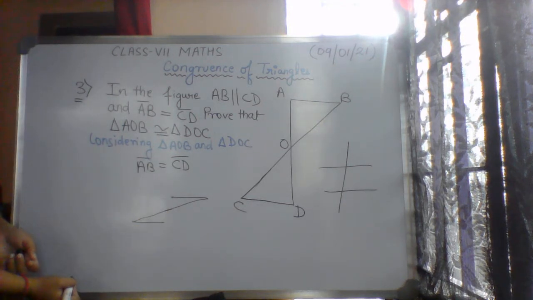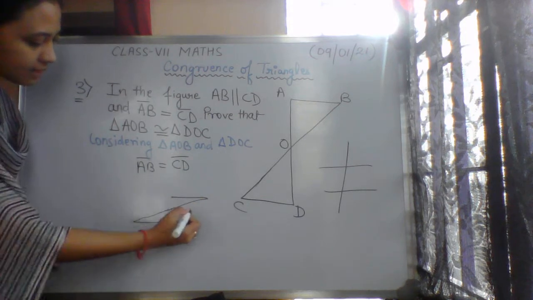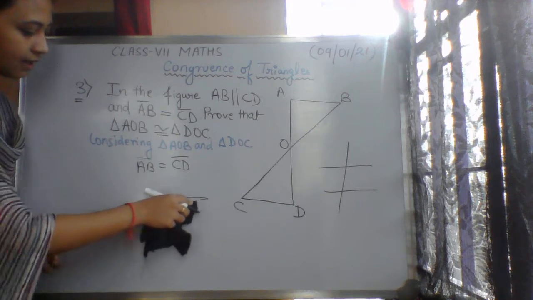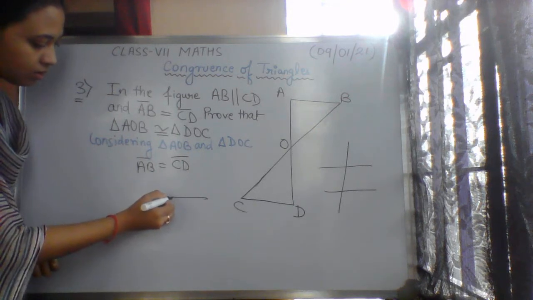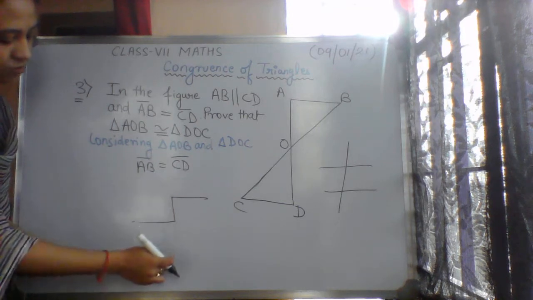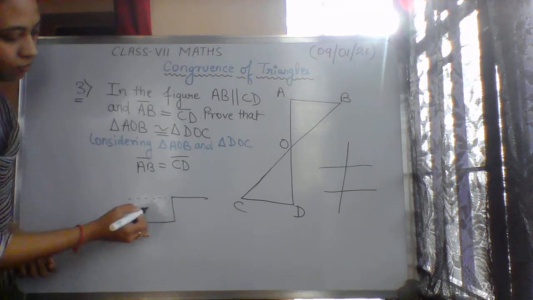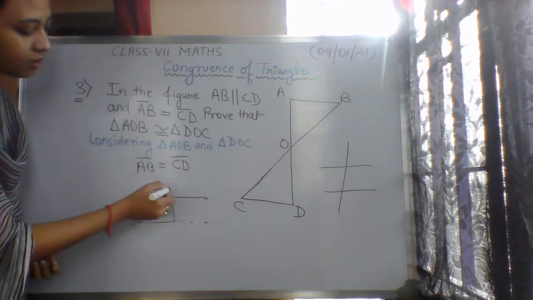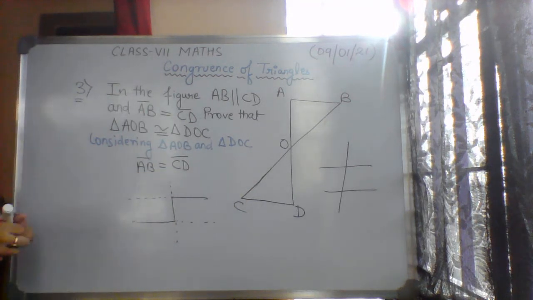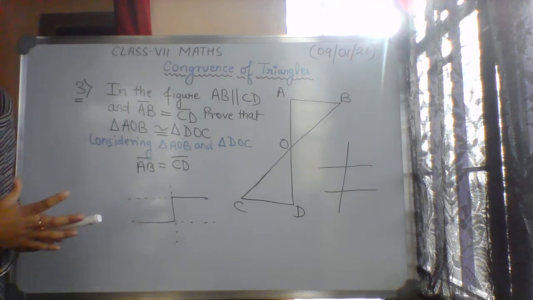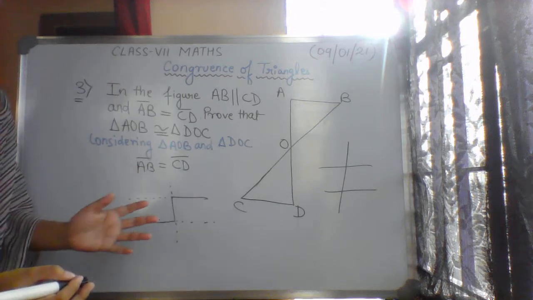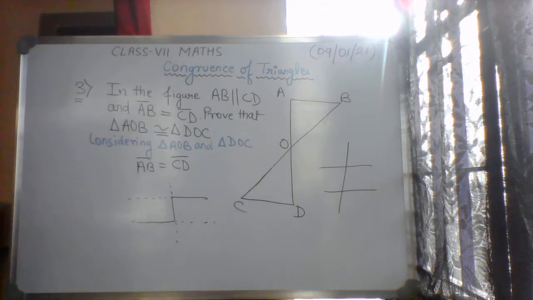These two are parallel lines, this is a transversal. Again, it can look like this also. You can extend that, and it will look like that figure. So you have to just visualize the things. It can have a different shape, but the concept may be the same.